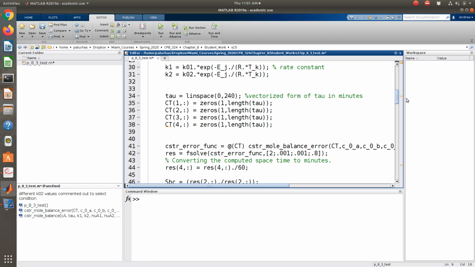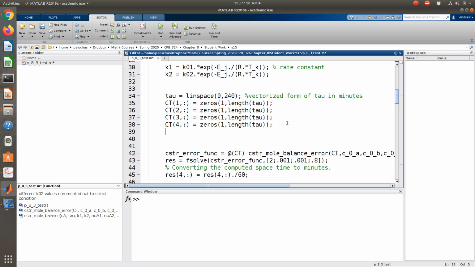That'll have 4 rows. And then the number of columns. So basically you're creating a matrix of all zeros. So you could have also accomplished this as CT is 4 comma length tau or 0. So another way that should work is, basically you're going to end up with a matrix that has 4 rows, and then in terms of columns, you're creating a bunch of columns of zeros, right?